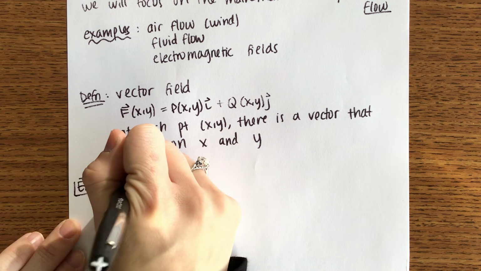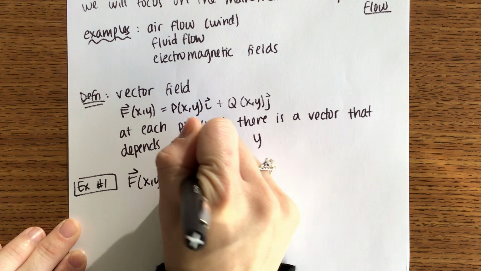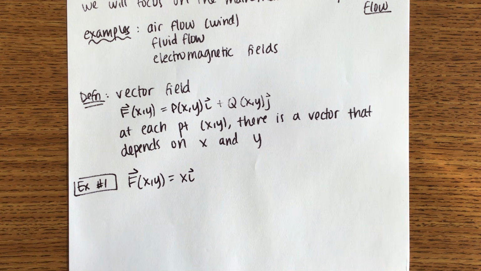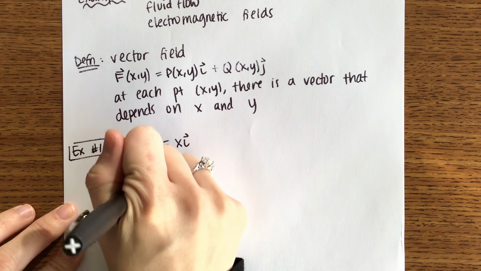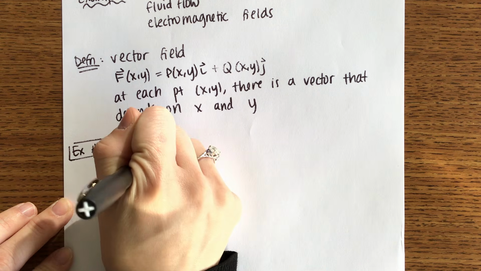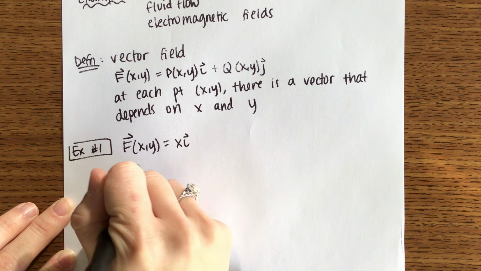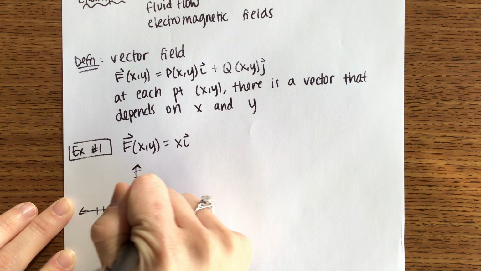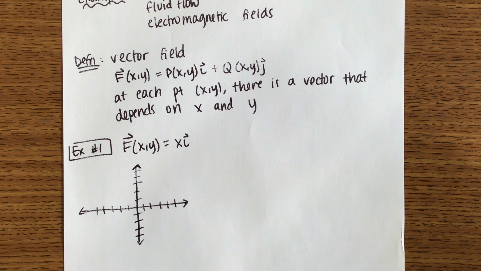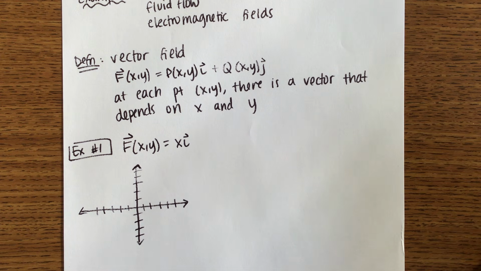So first example, our vector field is simply going to be x i. So we're going to sketch that. Okay, so the first thing that you should notice is that this vector field, all the vectors depend on x but not on y. So at any given x, all the vectors will be the same.